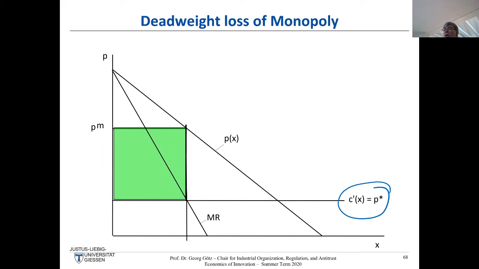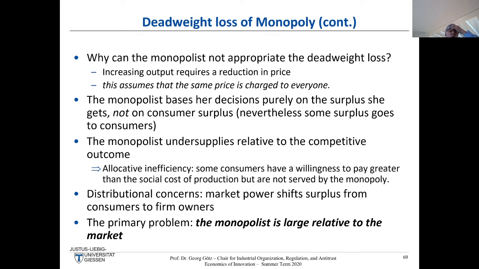The bad thing about the monopoly solution is, of course, that you have this deadweight loss, because the monopolist doesn't want to sell this many units, because then he or she would have to sell at a lower price, and that would mean that the operating profit goes down, and this is then smaller than the green area. So you get an inefficient situation, which is explained in more detail here.